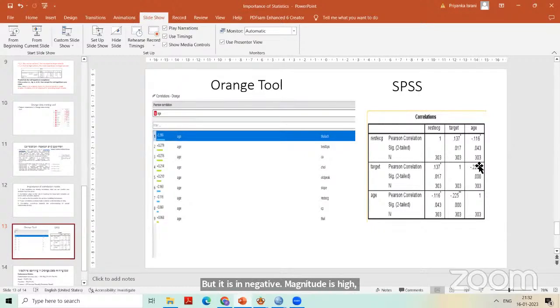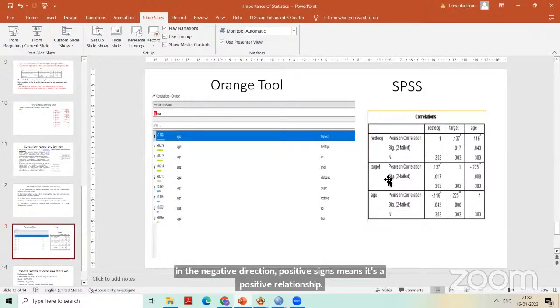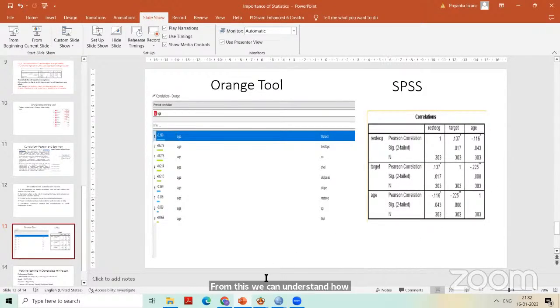So the sign indicates whether it is creating a positive or negative impact. A negative sign means it is going in the negative direction, and a positive sign means it is a positive relationship. From this we can understand how two variables are correlated with each other.